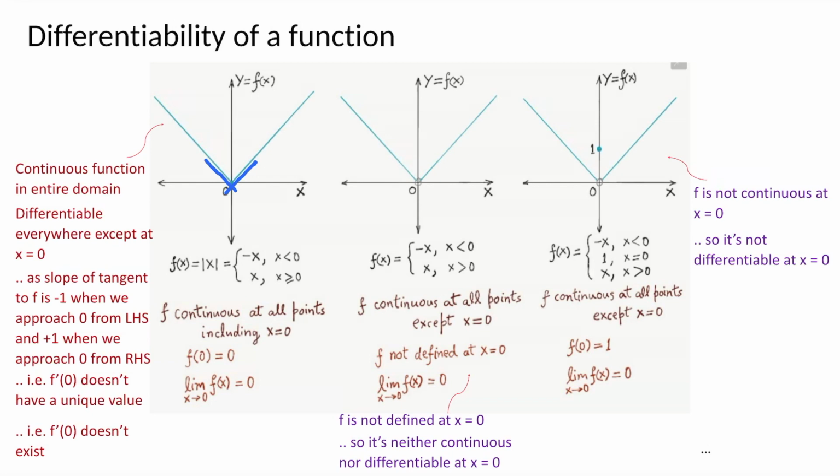Now, when you have a continuous function like this, where it has a smooth curve, in this case, whatever point you take, even the point where it is curving, and you try to visualize the slope of the tangent as you approach that point from the left hand side and from the right hand side, you would see that the slope approaches a common value, which is the slope of the tangent that you would draw at that particular point.